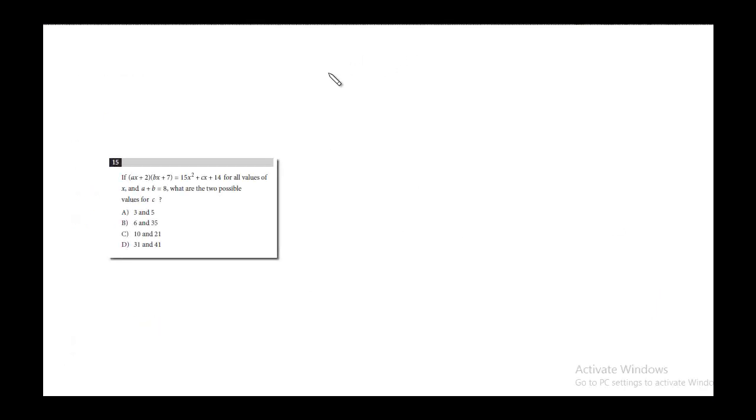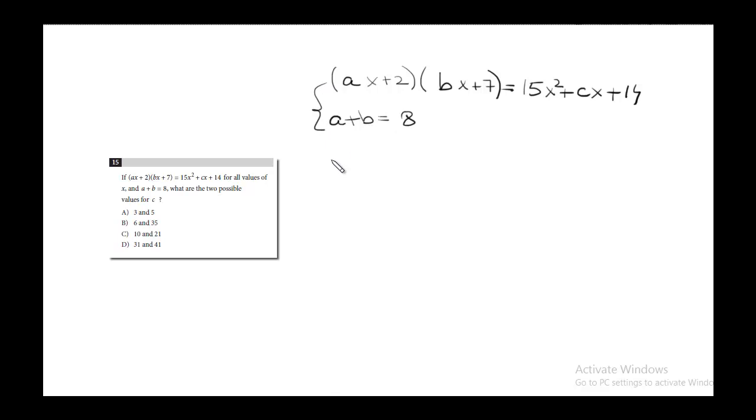Number 15. We have that (ax plus 2) times (bx plus 7) is equal to 15x squared plus cx plus 14, and the key phrase here is for all values of x, and a plus b equals 8, and we are asked what are the two possible values of c.